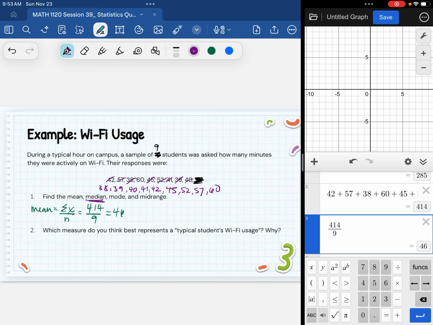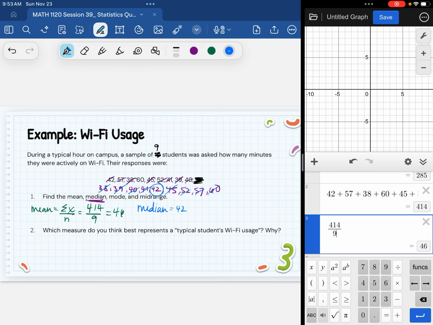With those in order, and there's 9 of them, we can see 4 each way. Okay, and again, feel free to cross off like this as you go. That leaves our median to be 42.